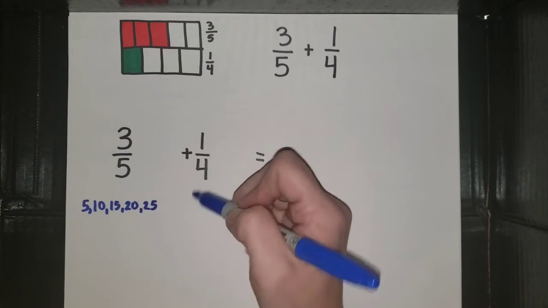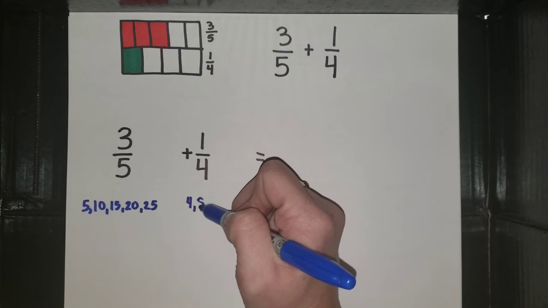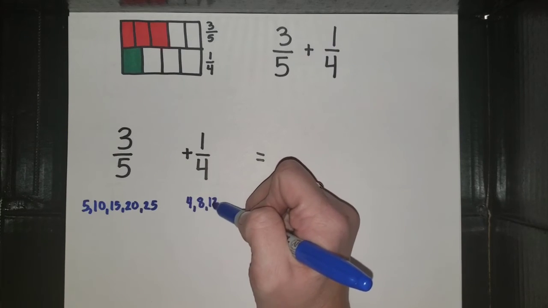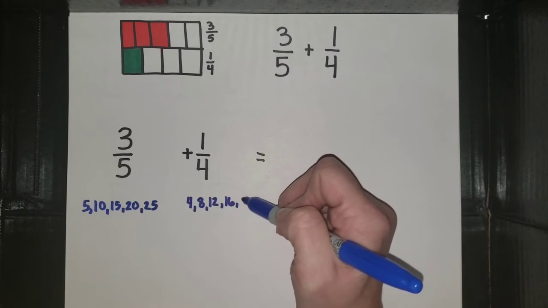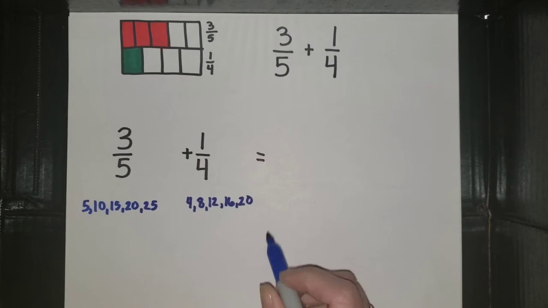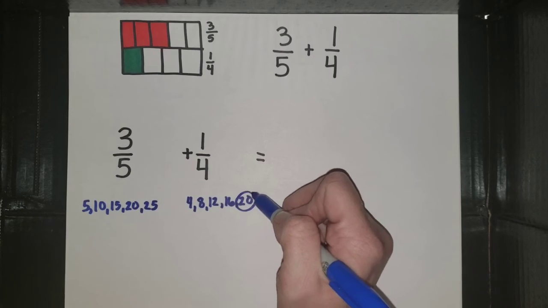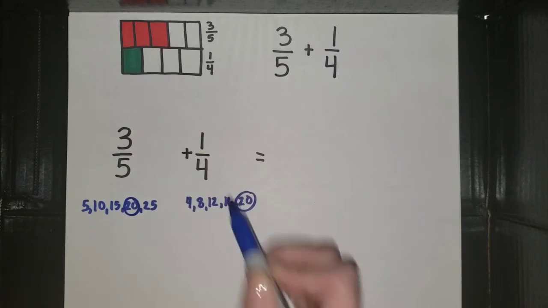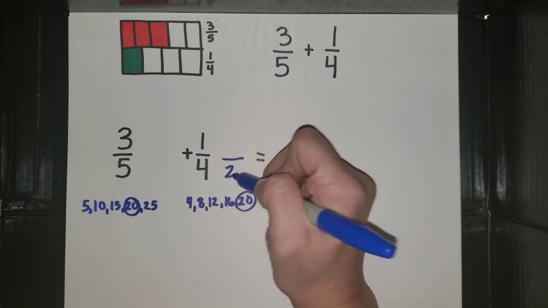Here, for 4, 4 times 1 is 4, 4 times 2 is 8, 4 times 3 is 12, 4 times 4 is 16, 4 times 5 is 20. Okay, there's 20. So 20 is my least common multiple for both denominators.